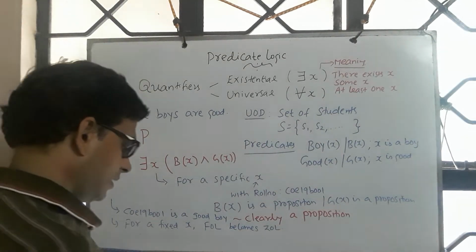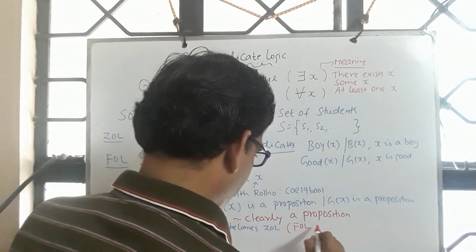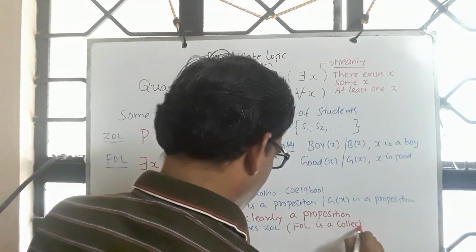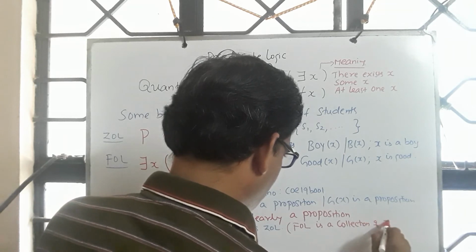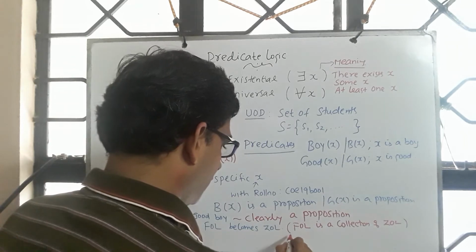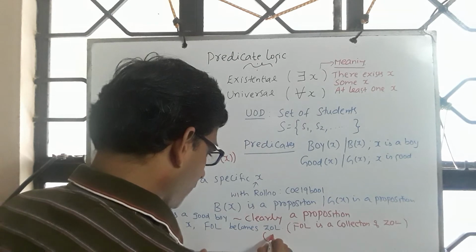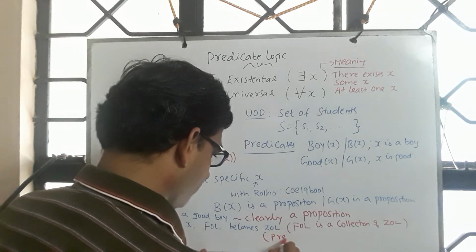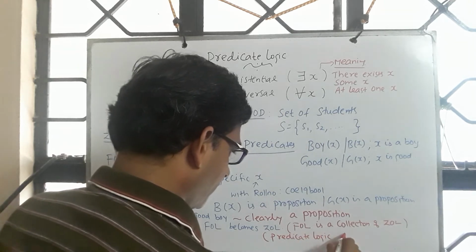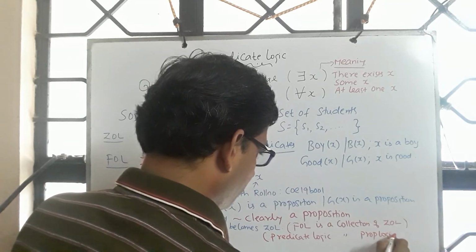Put it in other words, FOL is a collection of ZOL, or you can see it this way: predicate logic is a collection of propositional logic.